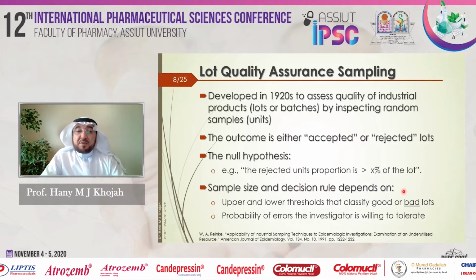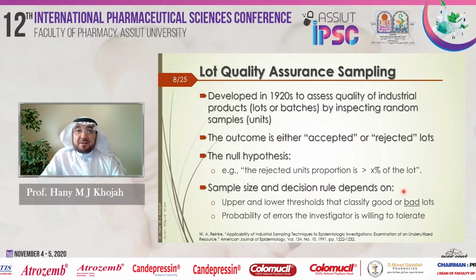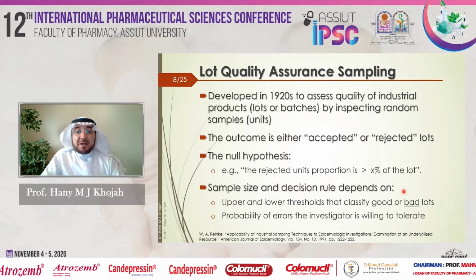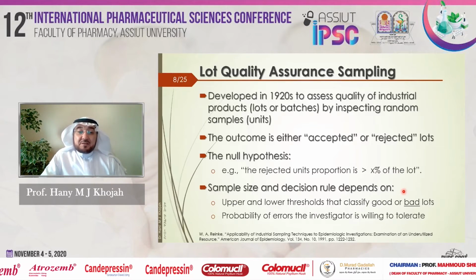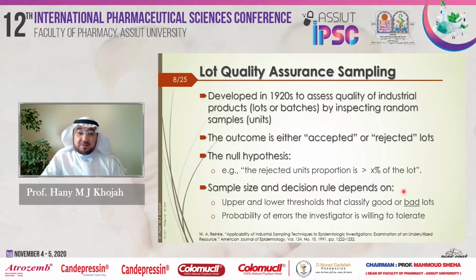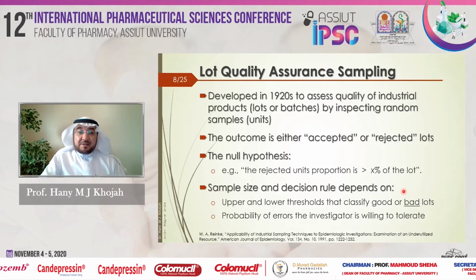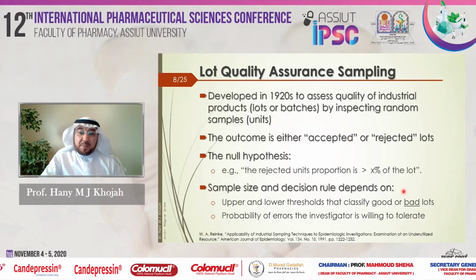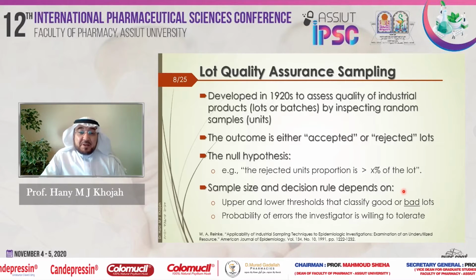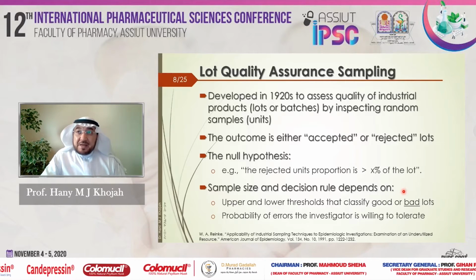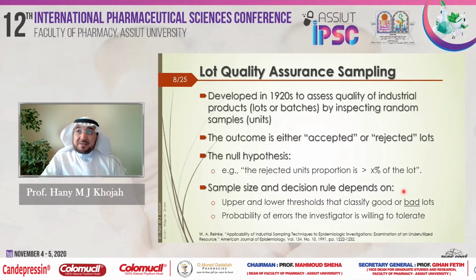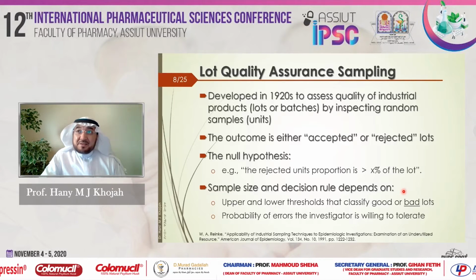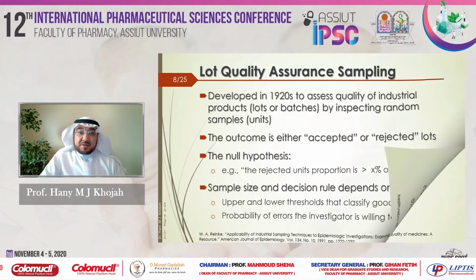He has no problem with that, but more than that will make trouble in marketing. So it's better not to send the product to the market. And the sample size and decision rule also depend on the probability of errors that the investigator is willing to tolerate. I'm going to mention this in the second slide.